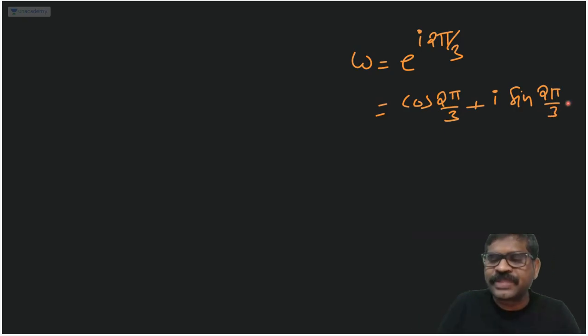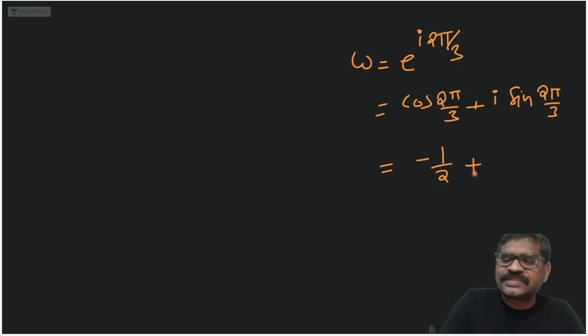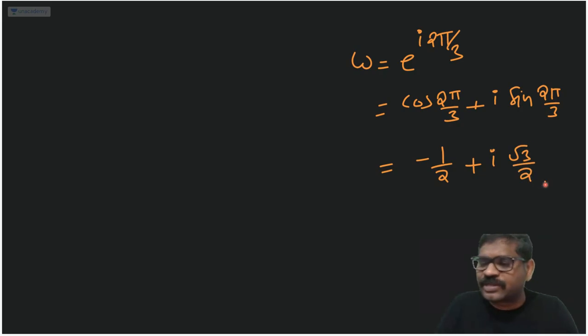Cos 2 pi by 3 is minus 1 by 2. Sin 2 pi by 3 is root 3 by 2, because 2 pi by 3 means 120 degrees.